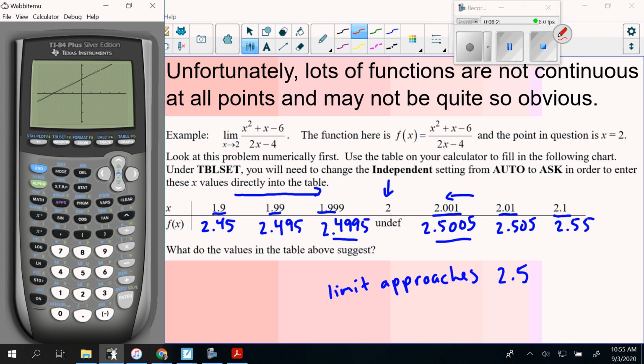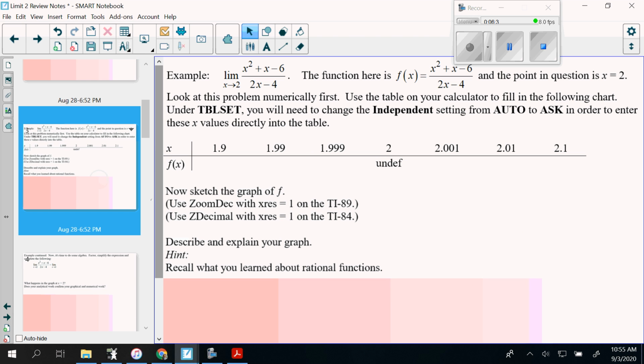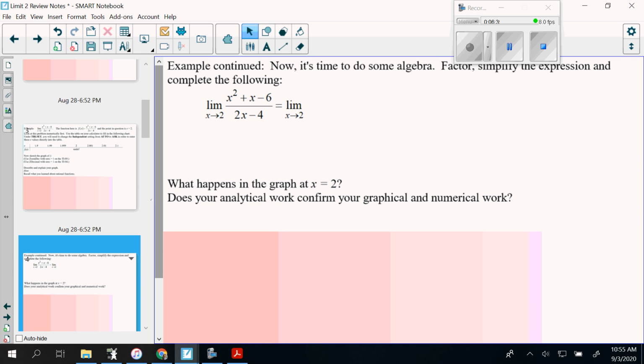So this one does have a hole going on at that location. And so the reason that we get what we get is that this one has a hole in that spot.